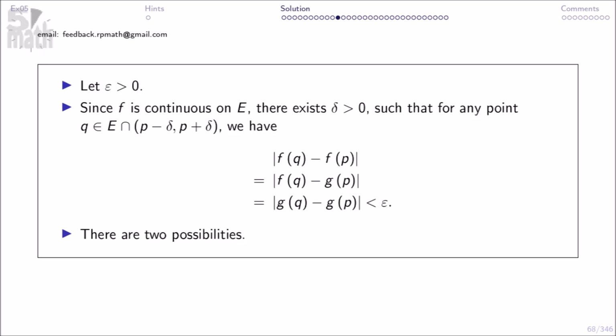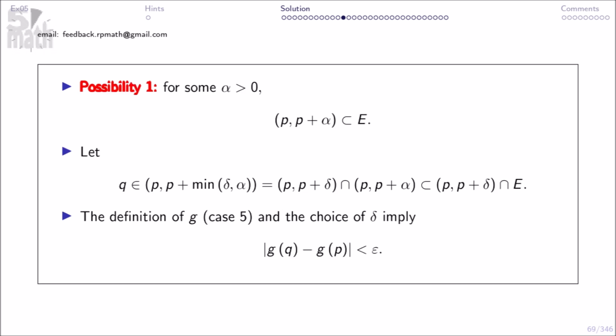Let epsilon be greater than 0. Since f is continuous on E, there exists delta greater than 0 such that for any point here, we have the following. There are two possibilities. Possibility 1. For some alpha greater than 0, this, let the following. The definition of g, Case 5, and the choice of delta imply this.